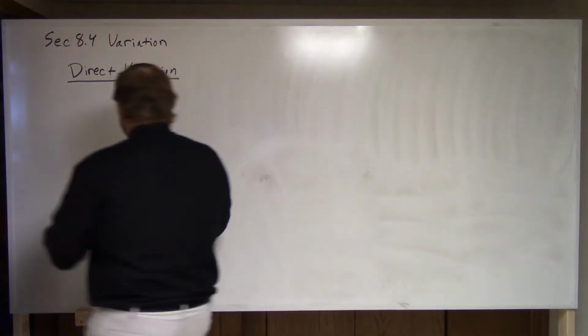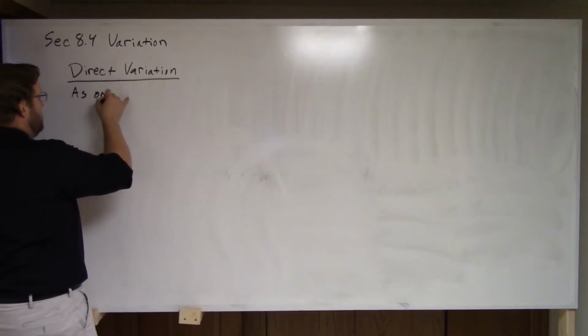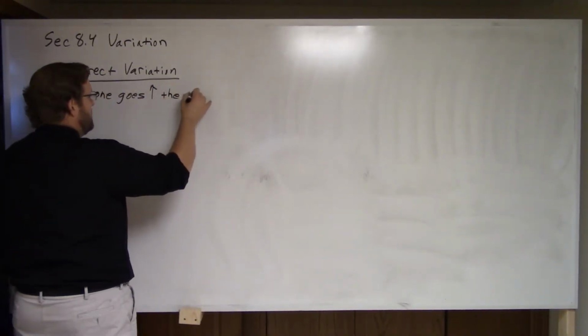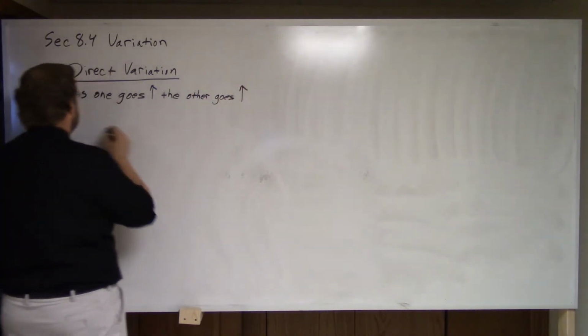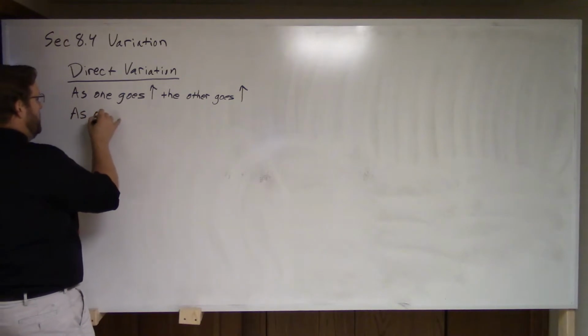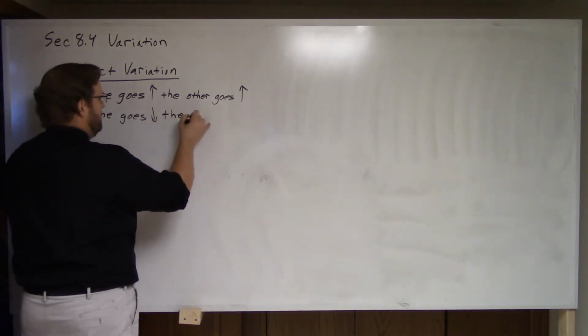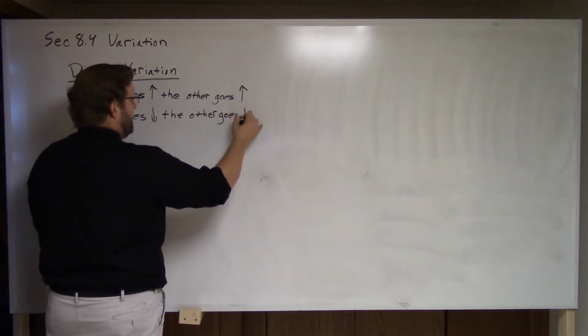So again, direct variation, just in general, is as one goes up, the other goes up. As one goes down, the other goes down.